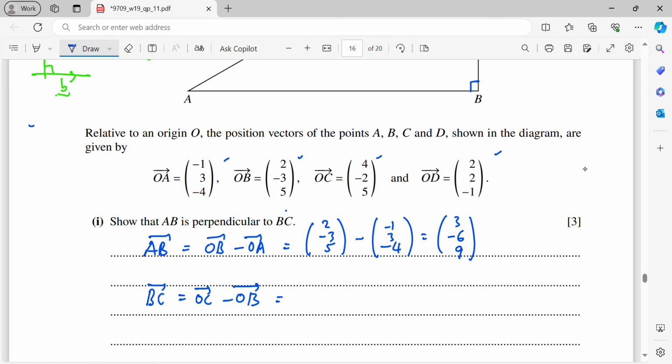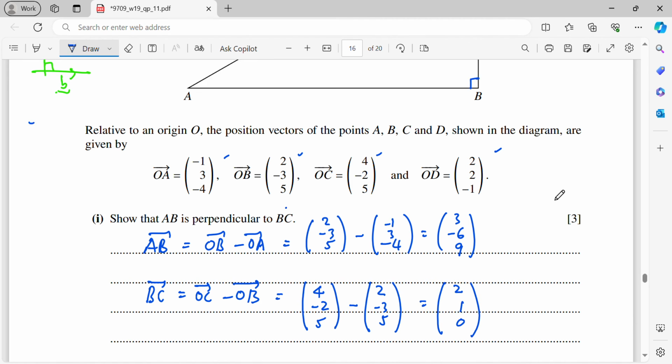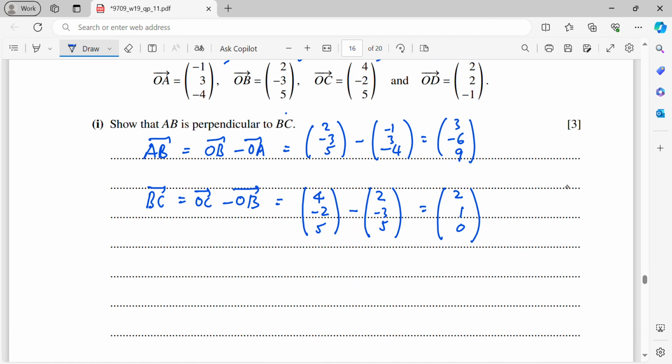So this is going to be OC (4, -2, 5) minus OB (2, -3, 5). Then 4 minus 2, you get 2. Minus 2 minus minus 3 is 1. 5 minus 5, 0.